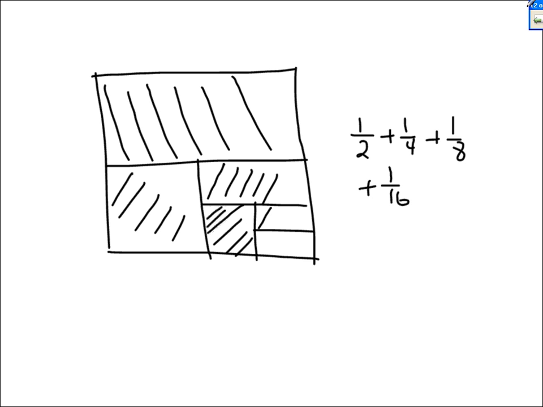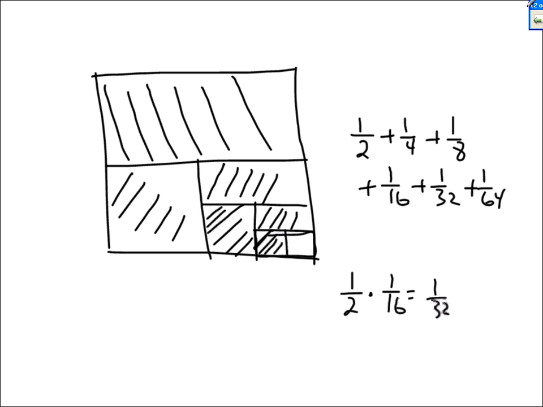Cut it in half. What I just shaded in is half of a 16th, which is 1 over 32. This clear spot is 1 over 32. If I shade in half of it, I shaded in 1 over 64. The remaining part is also 1 over 64.